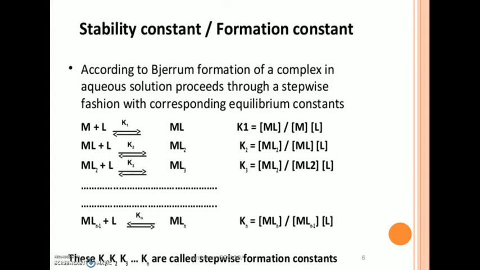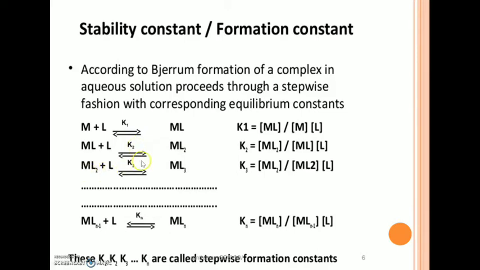Here a complex is not formed in a single step. It occurs in a stepwise manner. If a metal ion combines with a single ligand to form ML, this is the first step, and we represent the stability constant as K1, the first stability constant. In the second step, the complex ML combines with the next ligand to form ML2, and the stability constant is K2.